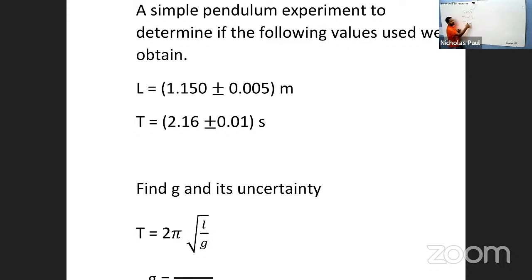I'm just going to cross multiply. So I'll get G T squared is L by 4 pi squared. So G is equal to L 4 pi squared all over T squared. You get that?